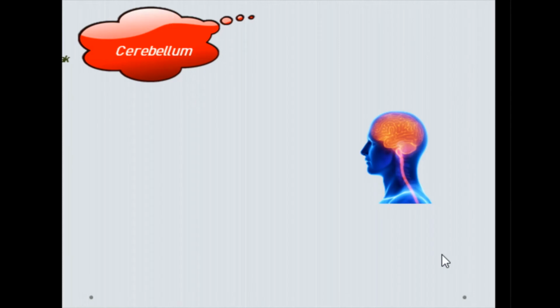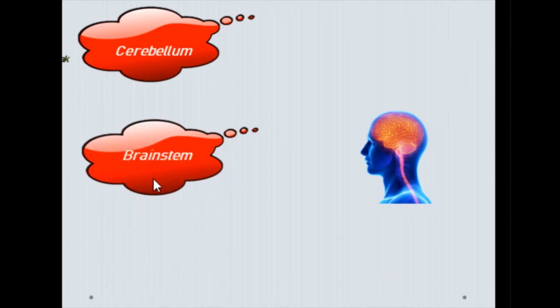Okay, there are different regions of the brain. Please repeat after me. Everybody say cerebellum. Brainstem.